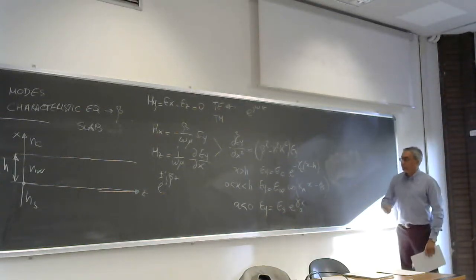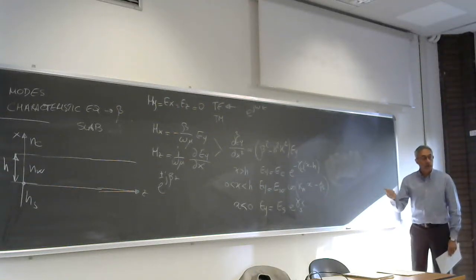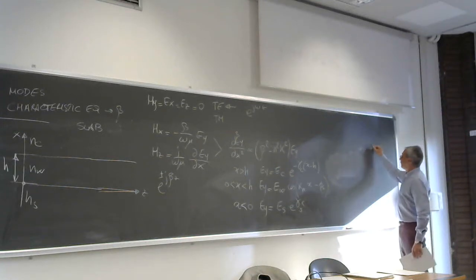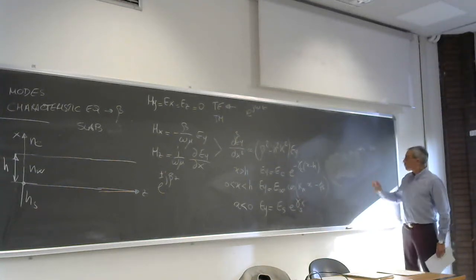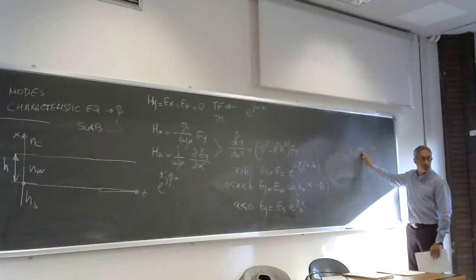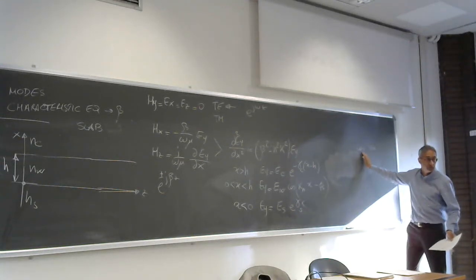In a Cartesian, rectangular coordinate system, the basis functions are cosine and sine. With a combination of these two, you can describe every function.